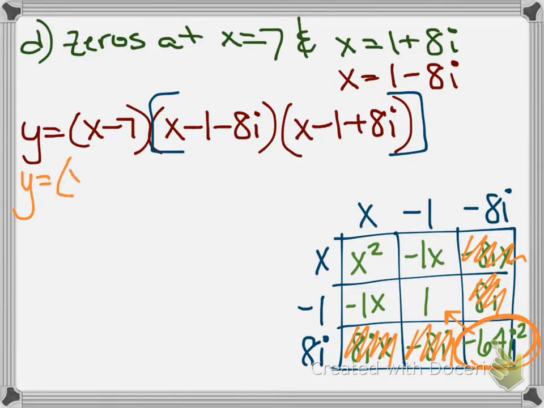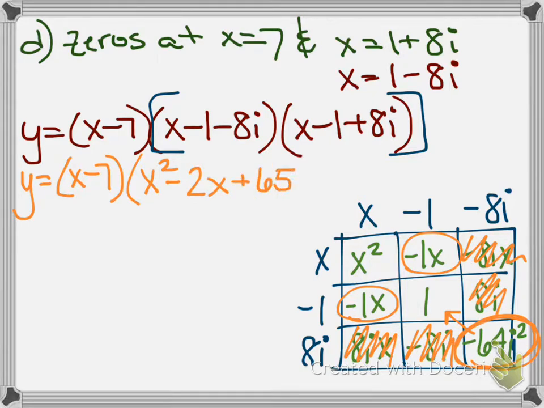So y equals x minus 7 times x squared, combine these two for a negative 2x, combine positive 1 with positive 64 for a positive 65. Okay, so from here, if you want to draw another area model, if you want to FOIL, it's up to you.